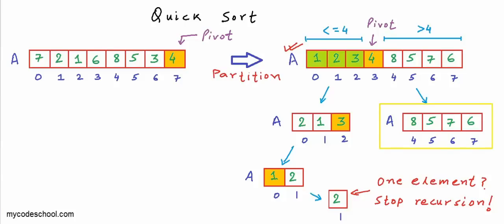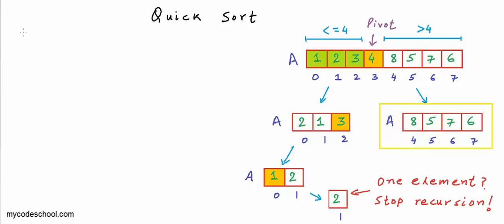Now let's first try to understand how we will do all of this programmatically. I will write a function named Quicksort that will take as argument an array A and start and end index of the segment that needs to be sorted. Now why do we need start and end as argument? Because we do not want to create any auxiliary array, any new array.